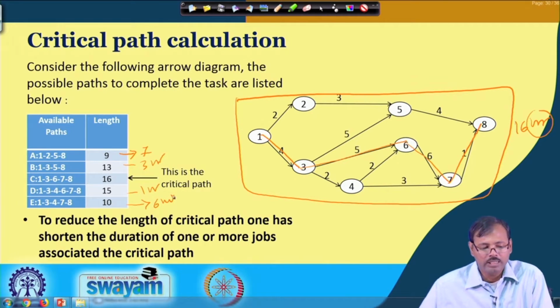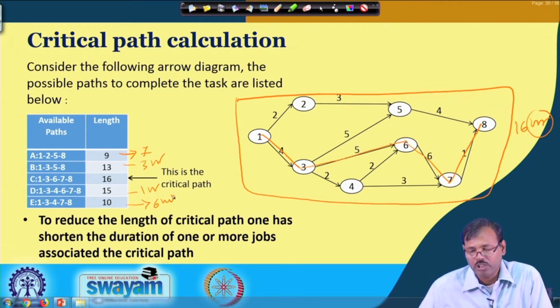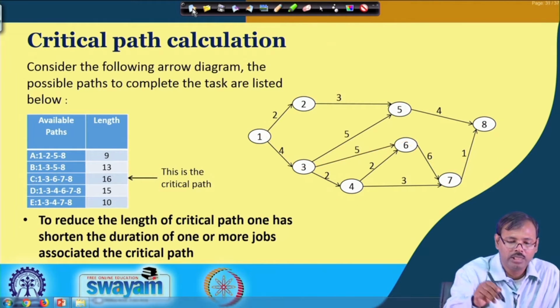So, basically the critical path is very important, which shows one or a number of paths which need maximum attention and have to be completed at the earliest, whereas the other paths have some slack time, which can be utilized in a judicious manner while planning or optimization is being carried out.